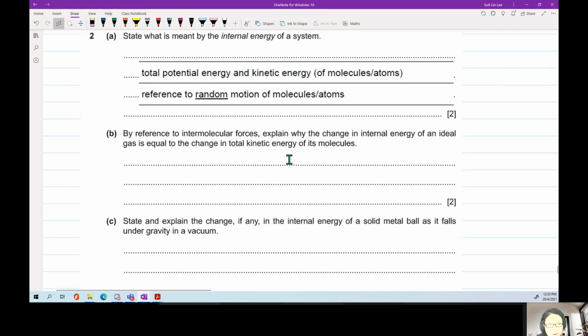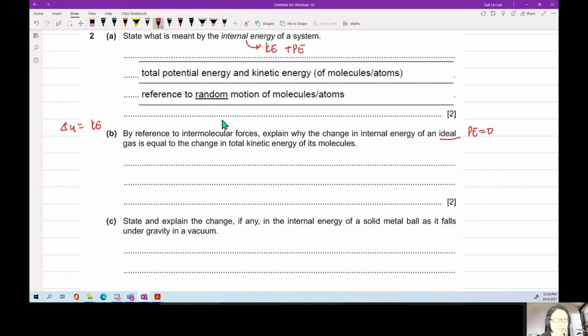By reference to intermolecular forces, explain why the change in internal energy of an ideal gas is equal to the change in total kinetic energy. So they're asking you why delta U is equal to KE. Because PE is 0. Internal energy is supposed to be KE plus PE, but for an ideal gas, PE is 0.